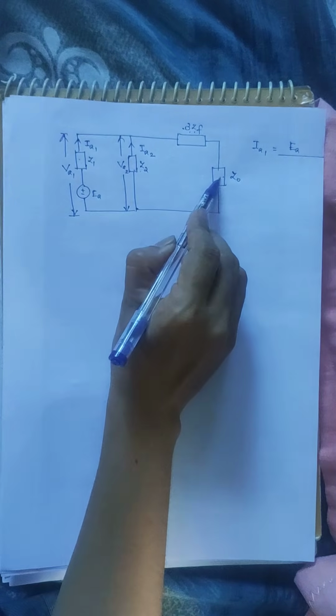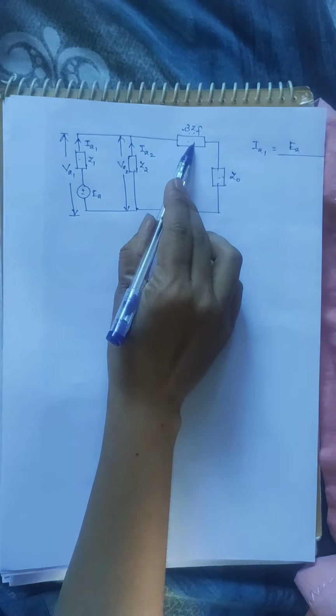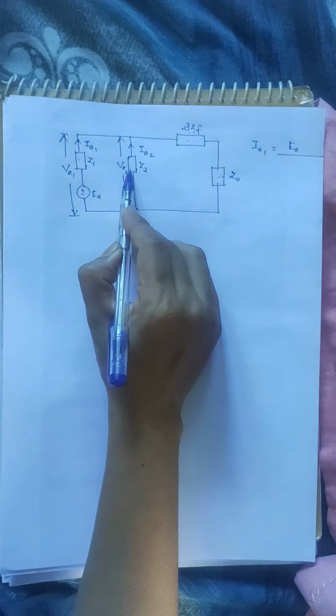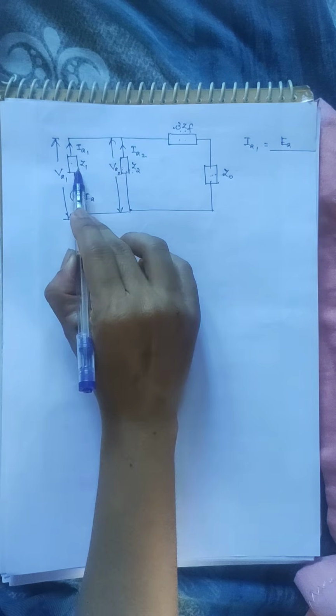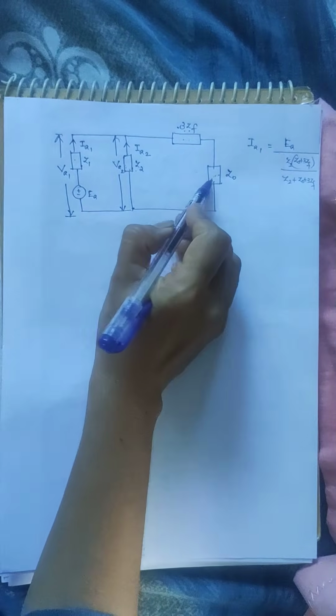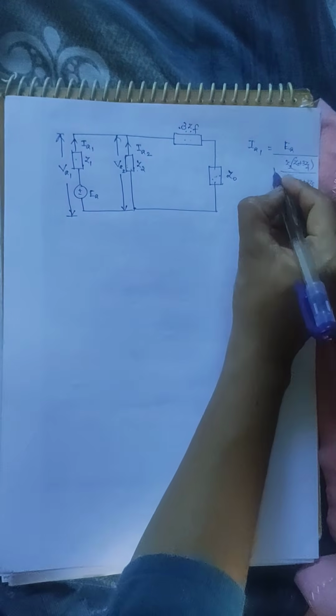Z0 plus 3ZF are in series, which is in parallel with Z2, and the entire impedance is in series with Z1. That is Z0 plus 3ZF into Z2 divided by Z2 plus Z0 plus 3ZF. It is the equivalent of this portion, and this entire section is in series with this one. So plus Z1.